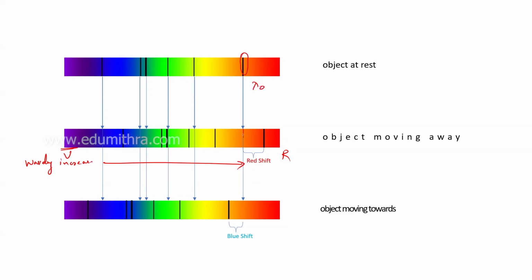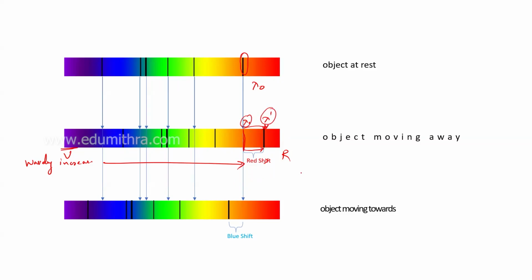Now lambda 0 should have been here, and the corresponding line is actually shifted to this side, towards the red side. Which means in this direction the wavelength will increase. This lambda dash is the observed one, so lambda dash is more than lambda 0. The observed wavelength is more than the rest wavelength. That means it is a redshift, then only it can shift towards the right.